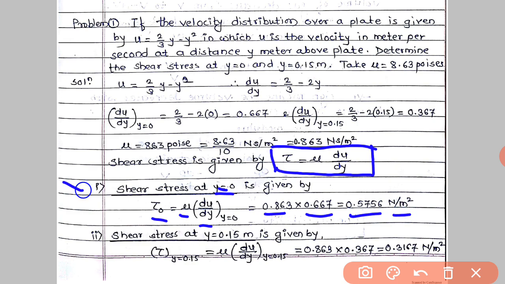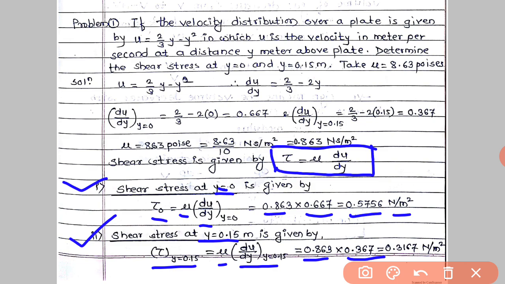Now we have to calculate shear stress at y is equal to 0.15 meter. So the formula will be tau at y is equal to 0.15, mu into du by dy at y is equal to 0.15. So write the value of mu and the value of du by dy at y is equal to 0.15.